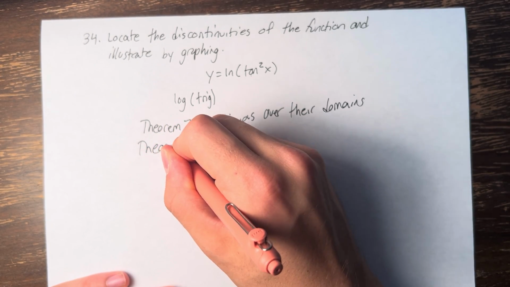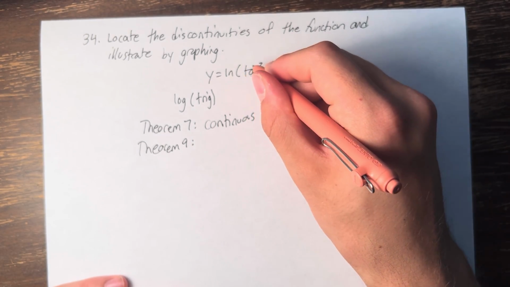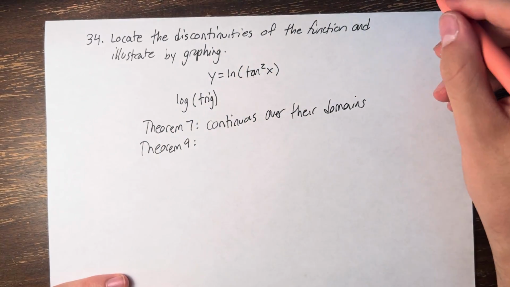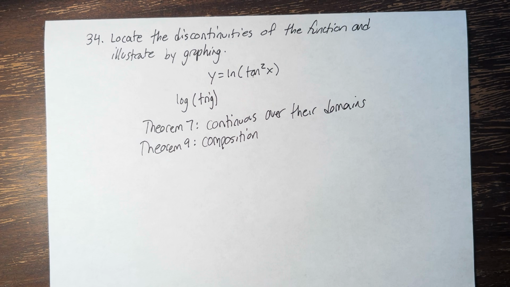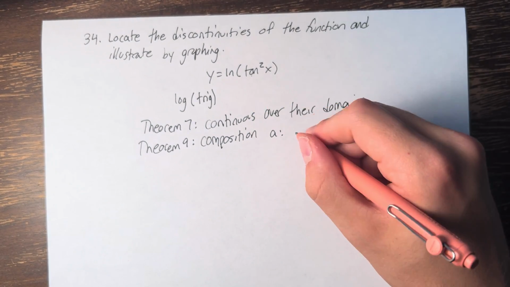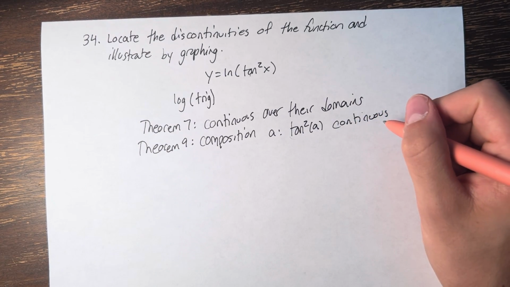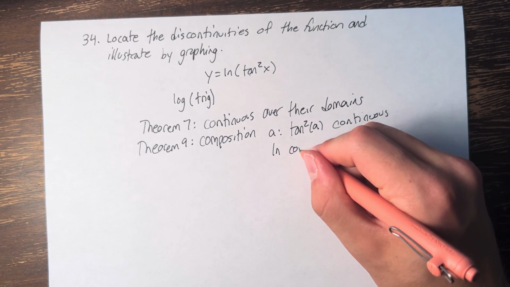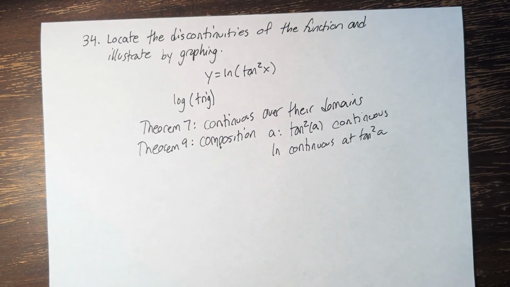And we know from theorem 9 that if we have a composition, so log of a trig, not like log plus trig, a composition of two functions where one function takes on another function, and, let's say, at a value a, the trig function tangent squared of x is continuous at a, and ln is continuous not at a, but at tangent squared of a, then the whole function is continuous.